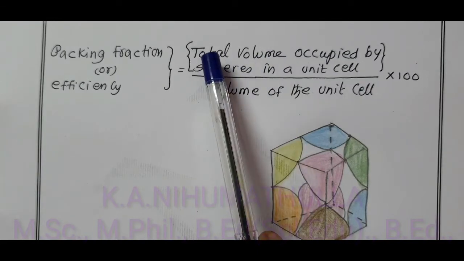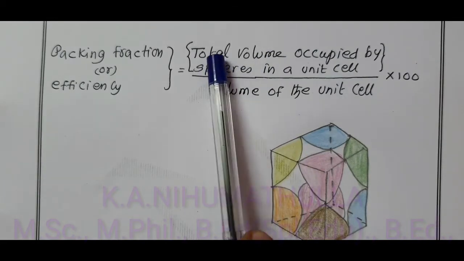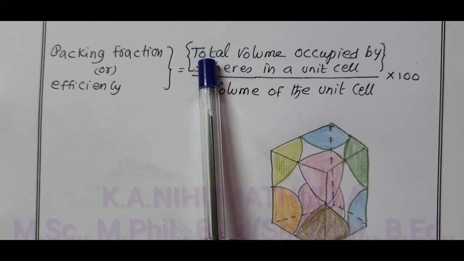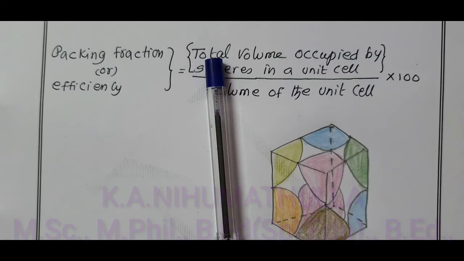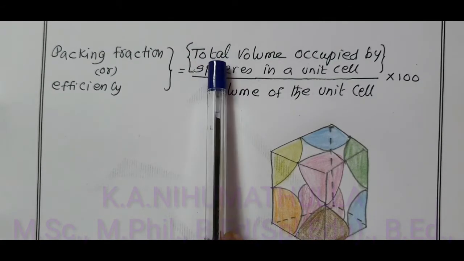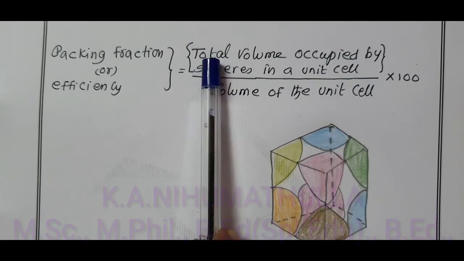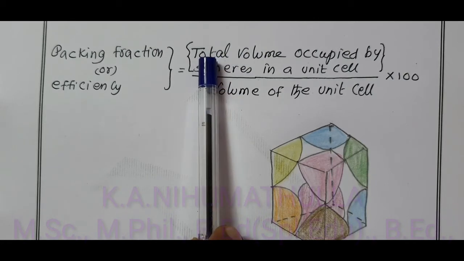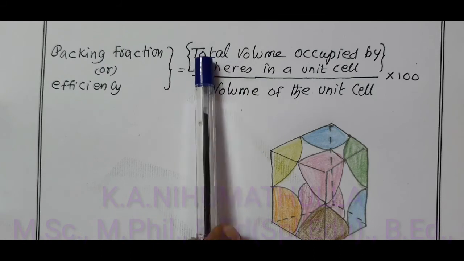What is that word total? It implies the total number of atoms in the particular unit cell. We know the total number of atoms in simple cubic is 1, body centered cubic 2 and face centered cubic 4.